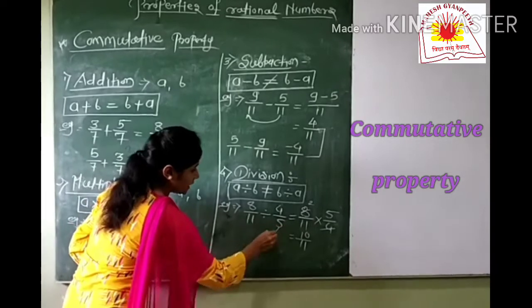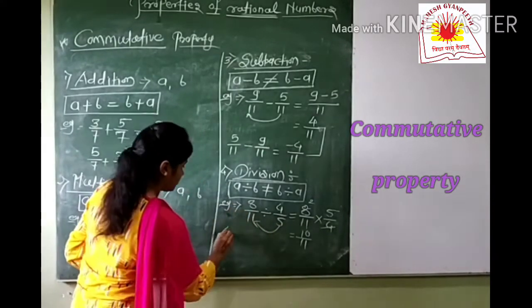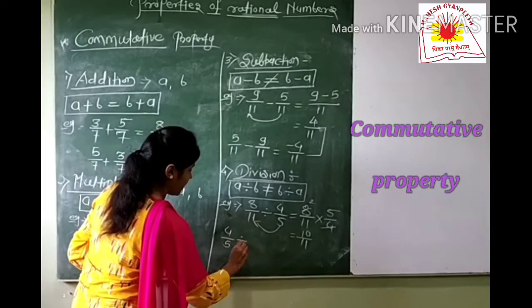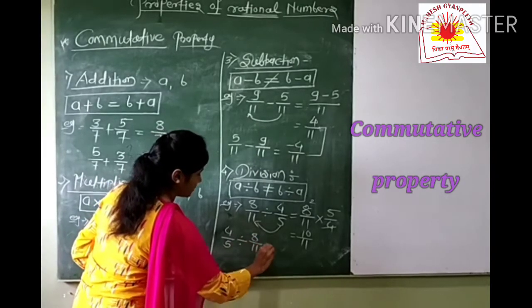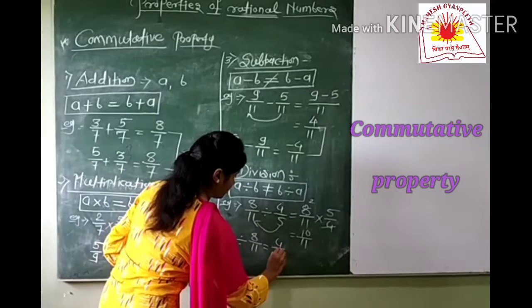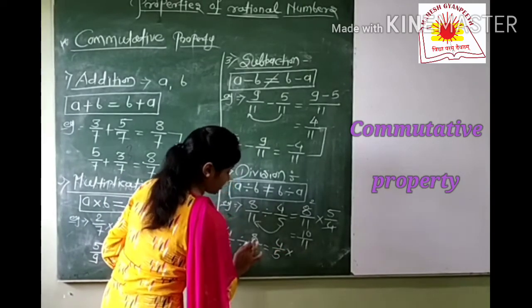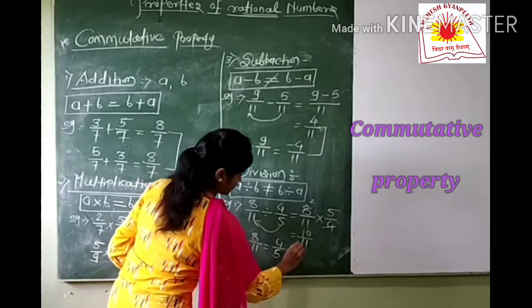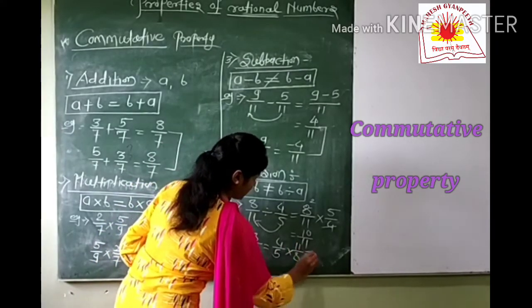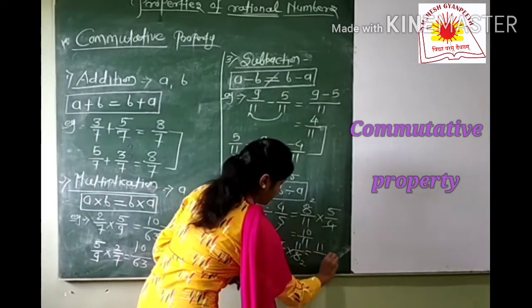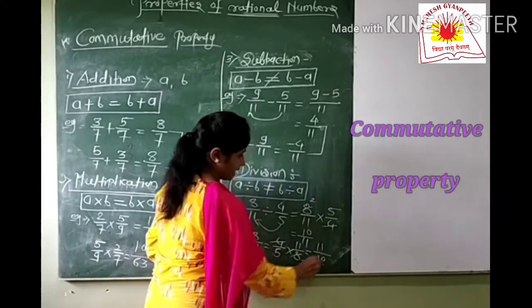Now again exchange the terms: 5 upon 4 divided by 8 upon 11. Then 5 upon 4 multiplied by the reciprocal of 8 upon 11, which is 11 upon 8. That gives 55 upon 32.